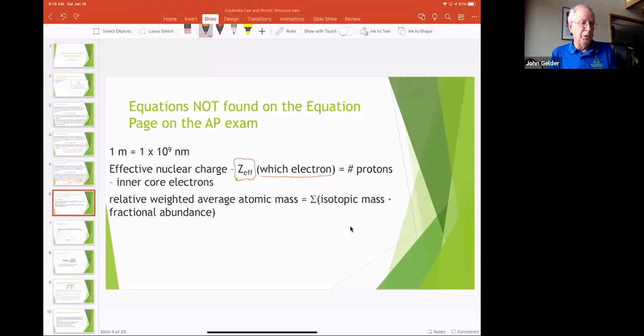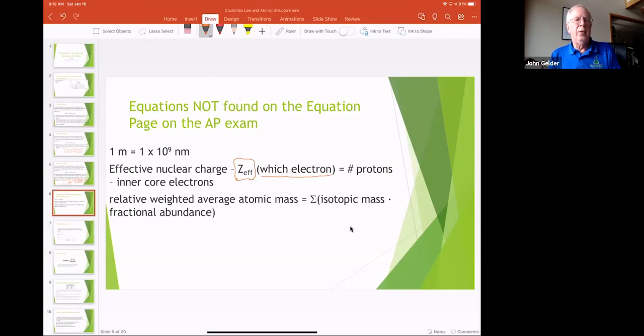Very often students will say, oh, well, sodium has an effective nuclear charge of +1. Well, we probably shouldn't say it that way, because when we do talk about an effective nuclear charge, we have to identify the electron whose effective nuclear charge we're asking about. But that effective nuclear charge is equal to the number of protons in the nucleus minus the inner core electrons.